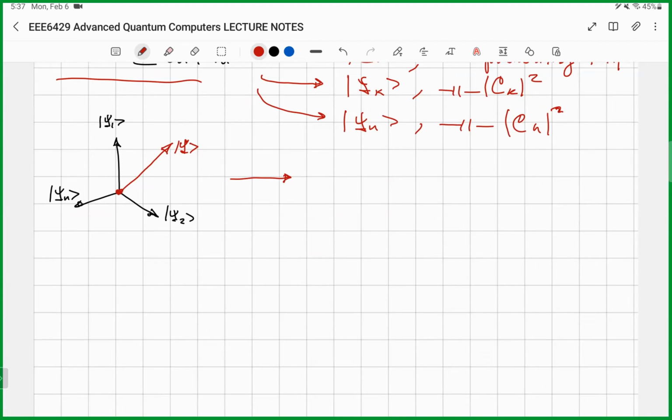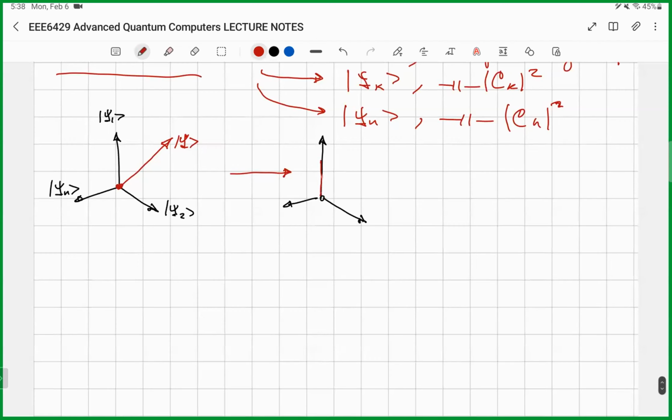And then you measure the system, so you still have the same basis, the same Hilbert space, but after the measurement, you will get your system in state, for example, psi 1. This is psi 1, this is psi 2, and this is some psi n, etc.